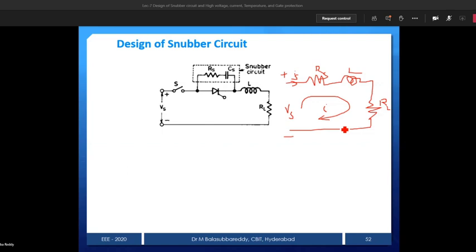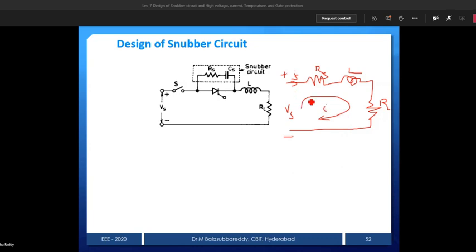I am saying that the moment the switch is closed, the capacitor will act as a short circuit and the thyristor is an open circuit. Therefore, there is no meaning of the thyristor there. It is already open. So current will pass from the source through Rs, L, RL to Vs minus. That is the path.